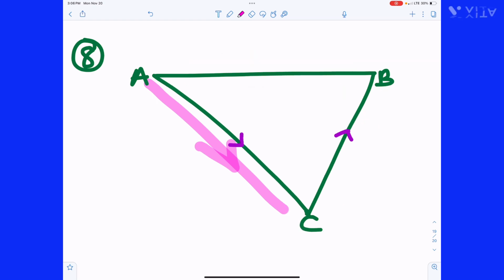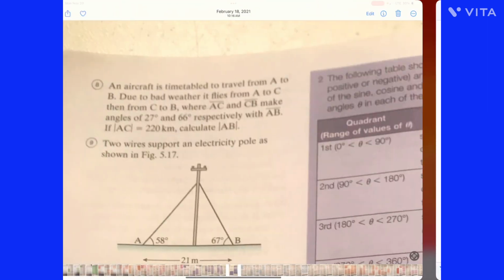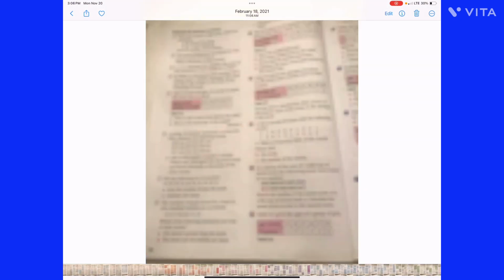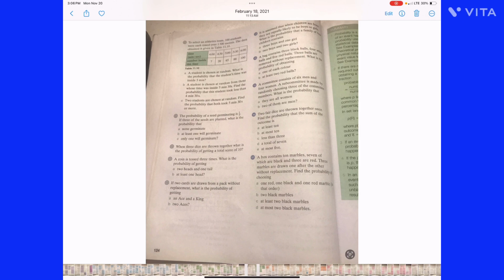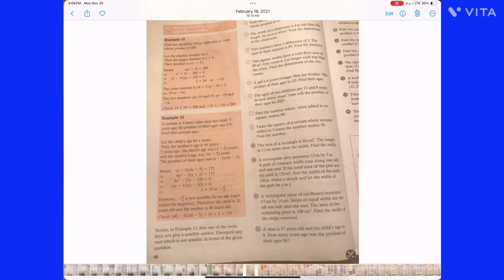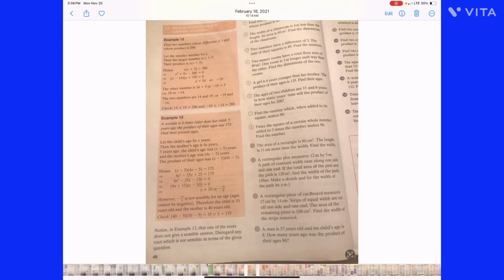So the question says where AC and CB make angles 27 degrees with each other. I think I lost my page there.